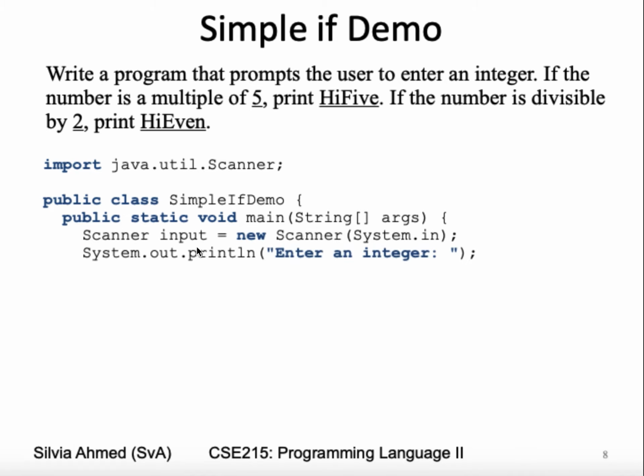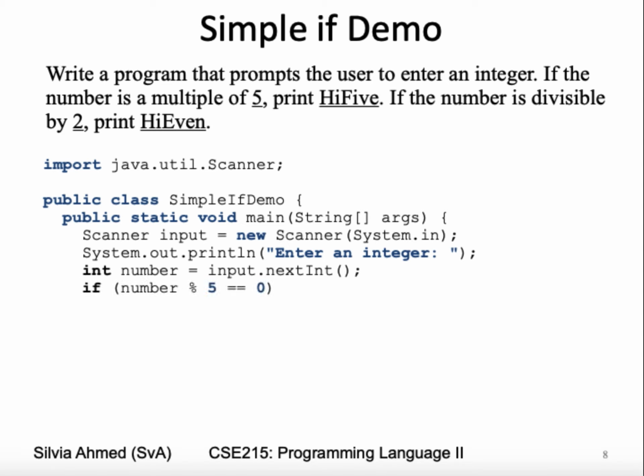Next, we will create our input, the Scanner object, and then we will prompt the user. That means we will give the user a hint about what he or she needs to do. So we are prompting the user to enter an integer. Next, we need to actually take the input, so we need input.nextInt, whose value we are going to put in this int number variable.